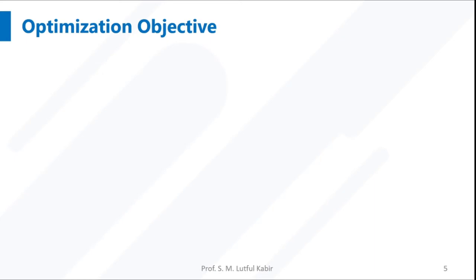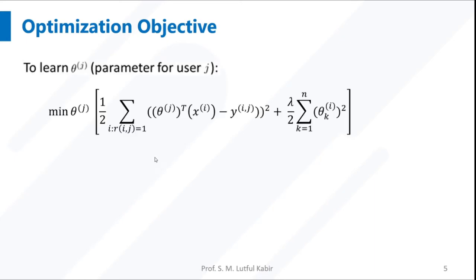So the discussion that we made so far is to learn theta j, the parameter for user j, by minimizing this term. Again, the same error remains, it has to be j. If you solve this equation, you will get the cost function for a certain user.